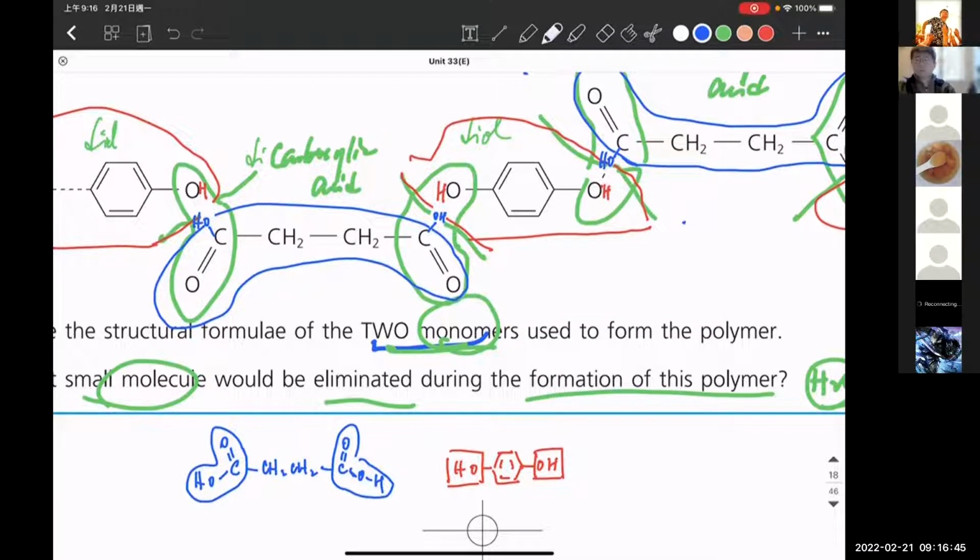Any questions? For those who can follow, please put a tick. If not, put a cross, let me know now. How about the others?